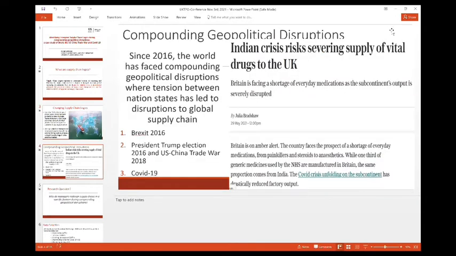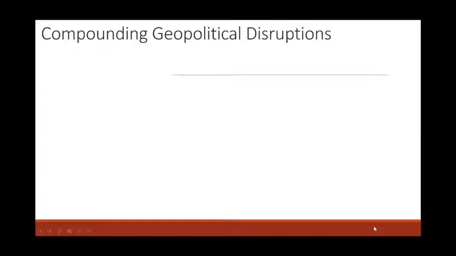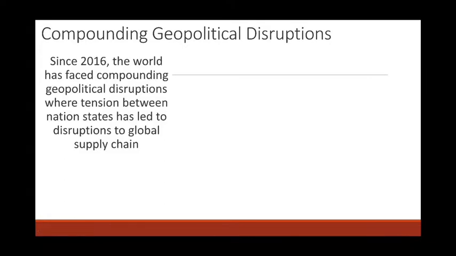So if we look at some of these different sorts of disruption risks in supply chains, since 2016 there's been a profound shift going on in the world. If you look at the protectionism and nationalism around Brexit, you also had the election of President Trump in the US and the start of the US-China trade war.